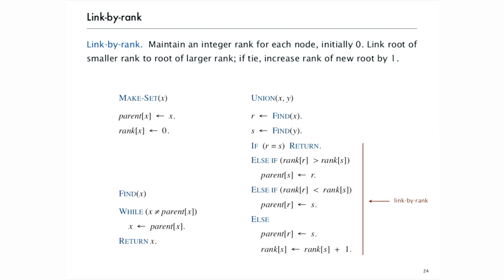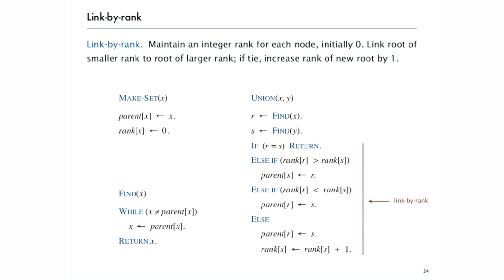Find x still remains the same procedure: go up till you find the root. But union is different. I find R, I find S. If the rank of R is strictly greater than the rank of S, then R becomes the parent of S. If the rank of R is less than the rank of S, then S becomes the parent of R. So if strictly less, I put them that way, and I have made no changes to the rank up until now.